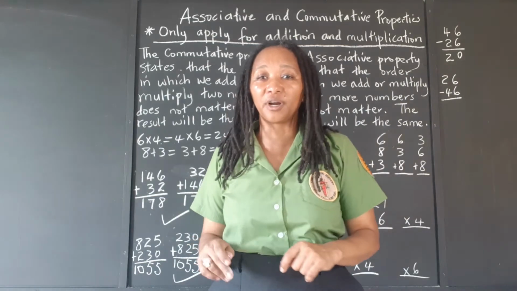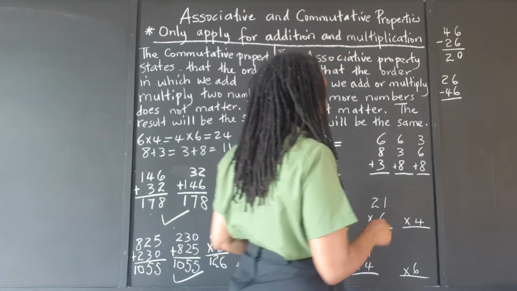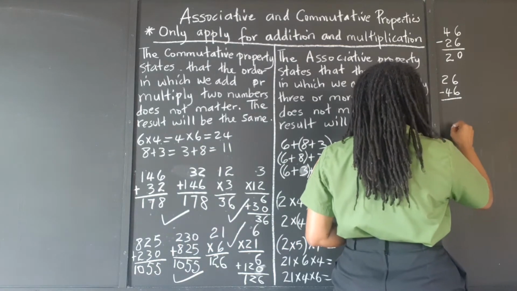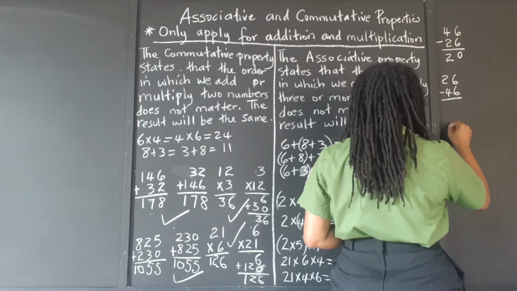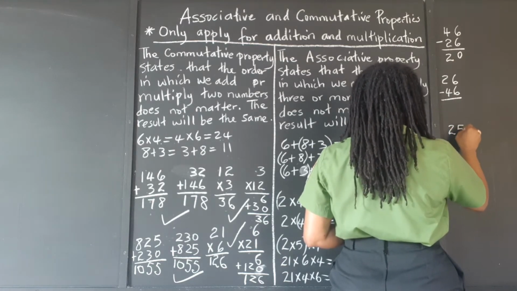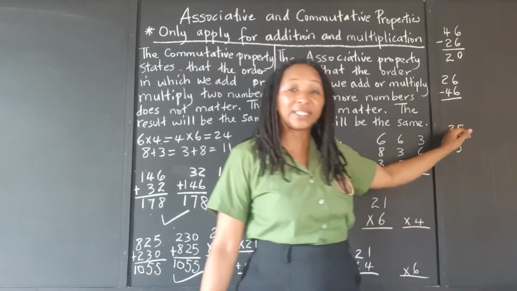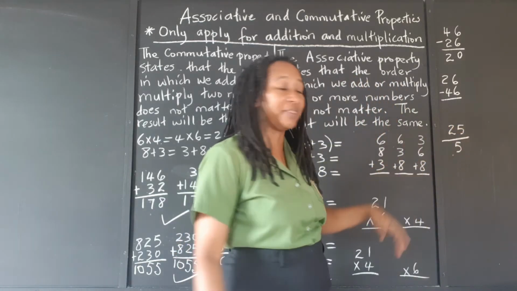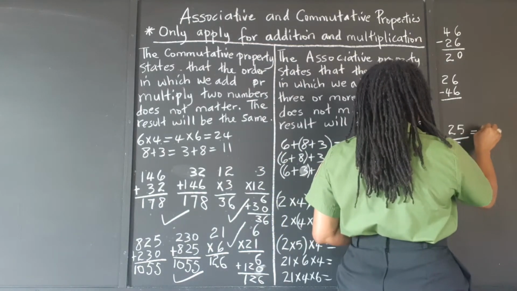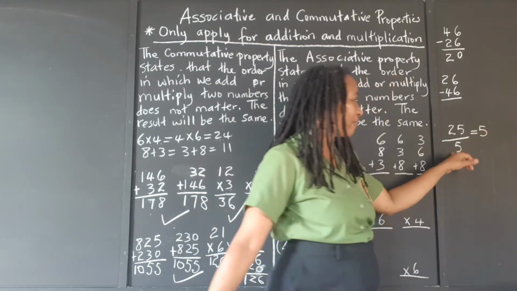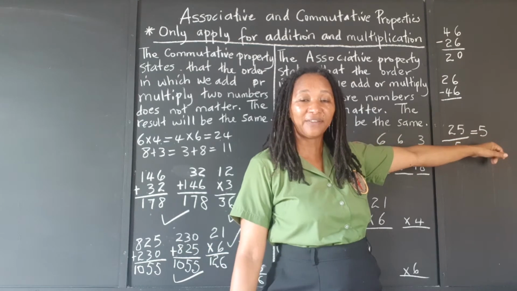Let's try it for division. So suppose we are dividing 25 by 5. Okay? 25 divided by 5, the answer would be 5. 5 goes into 25 5 times.